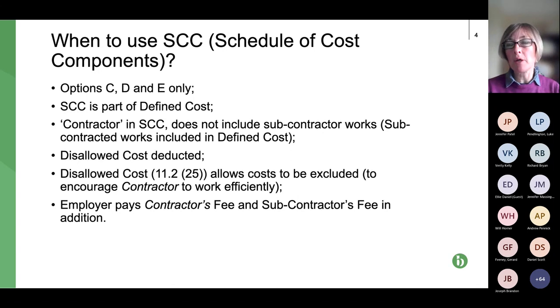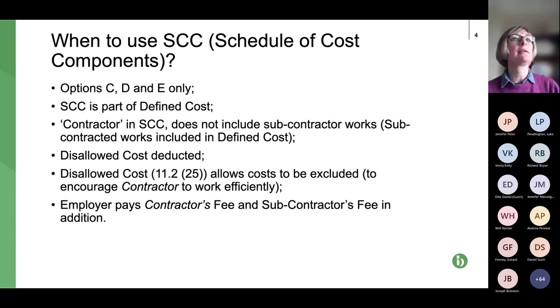Critically, there's no overhead included, and there's no profit. That's where the final bullet point comes in, because we have our fee percentage, the contractor's fee and the subcontractor's fee. When you have all the items added up from the schedule of cost components, you then add on the fee percentage, which covers the overhead and the profit and a few other bits and pieces, which we'll see later on.